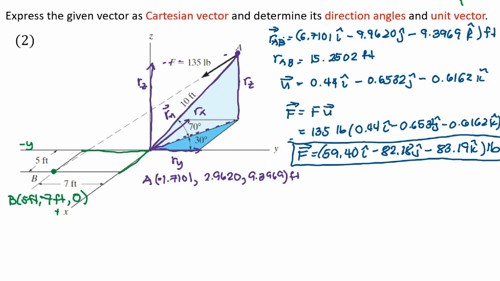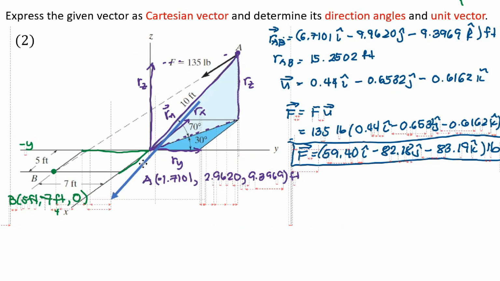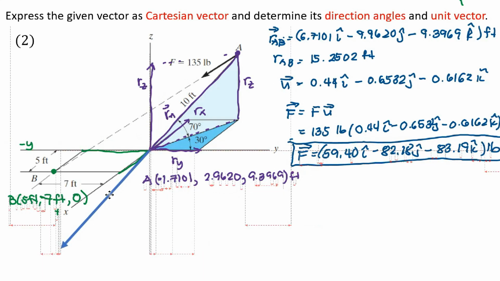Now we are also going to determine the direction angles of our force. Let's try to draw this vector. That is F, our force vector. Let's move it to start from the origin and go in its direction. This vector is on positive x, negative y, and negative z, which is correct based on our answer.